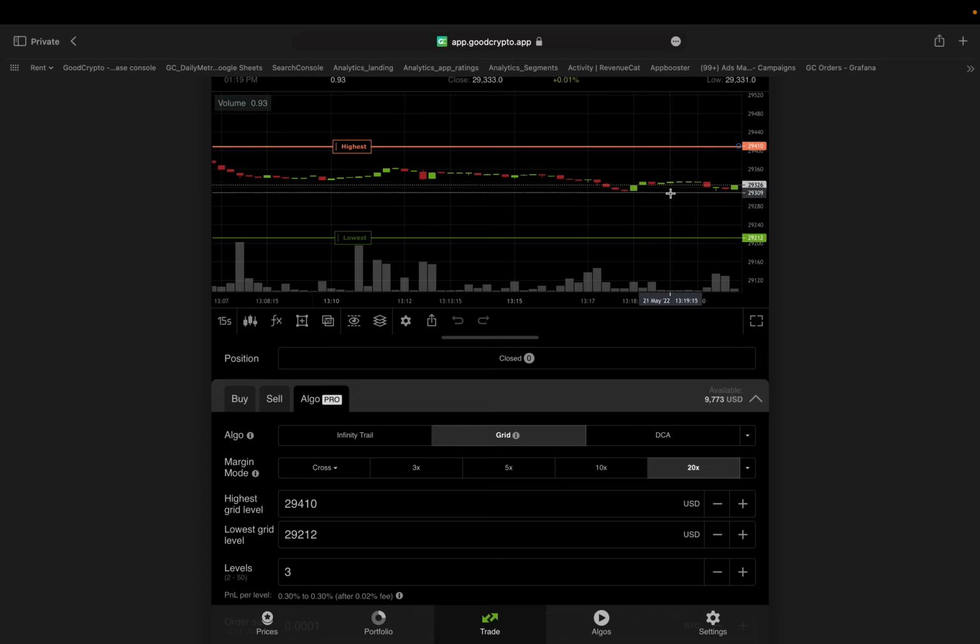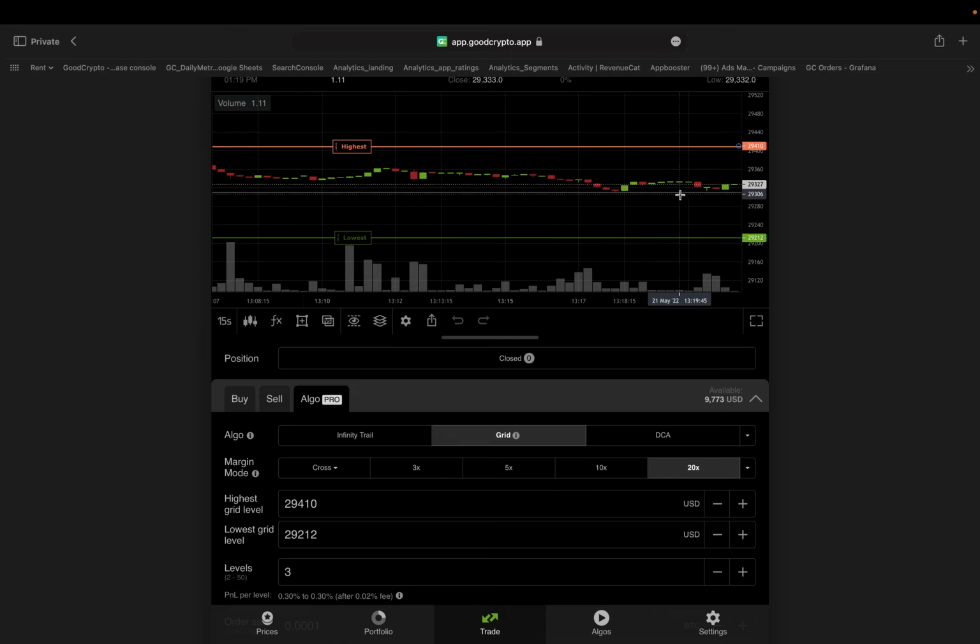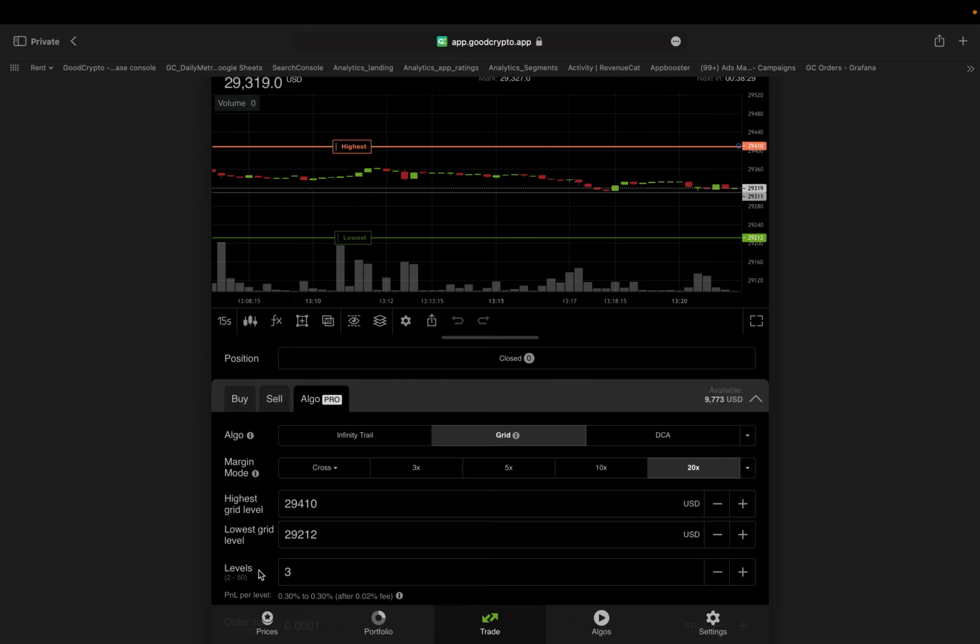Now this grid level is closest to the market price, hence it will be left idle. This grid level will be left empty or idle for the time being when the grid is launched, and 2 orders will be placed. So there are total 3 levels. Always one grid level will be kept empty at all times, and 2 orders will be placed.